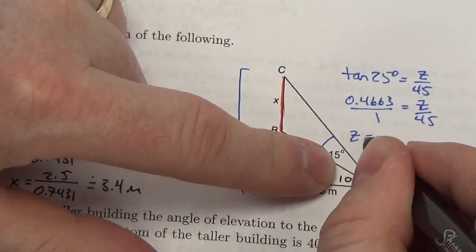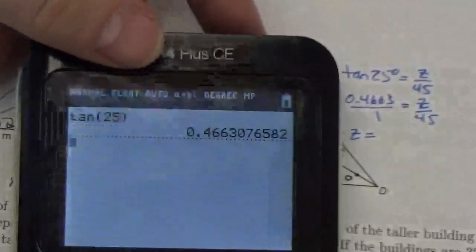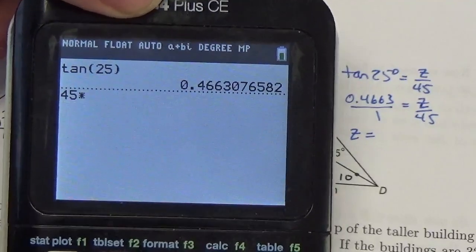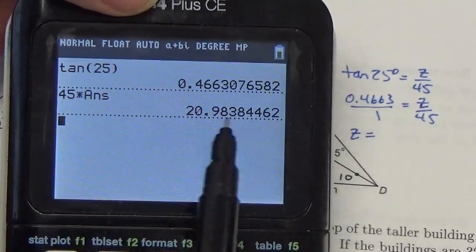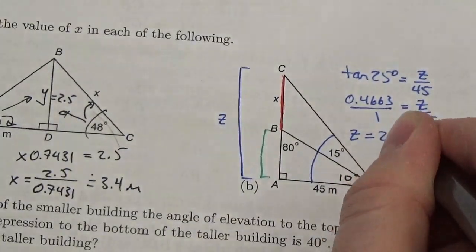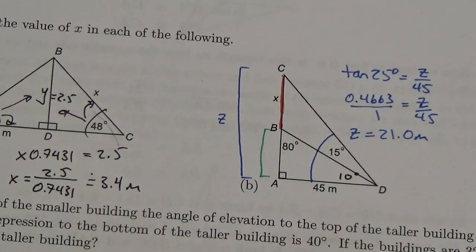So Z is going to equal 45 times 0.4663. So I'll just multiply 45 by my answer from above. And to the nearest tenth, I'm going to get 21.0. Okay, so 21.0 meters. Awesome.